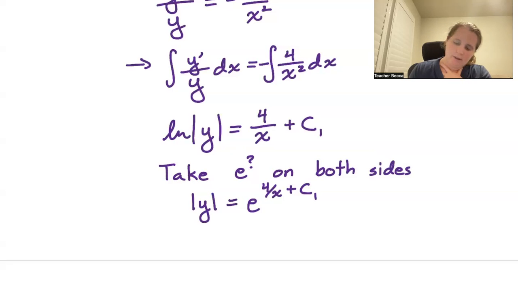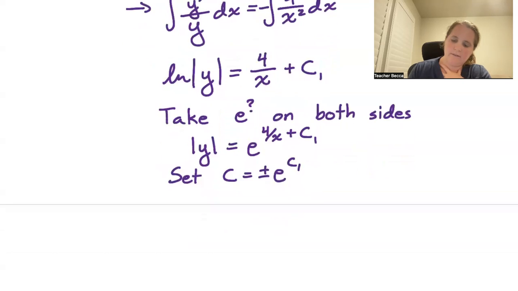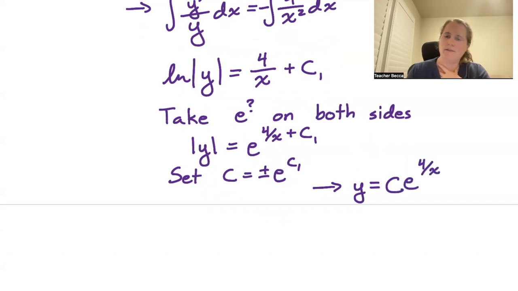And then if we again set c equal to plus or minus e to the c1, we wind up getting that y is equal to c times e to the 4 over x.